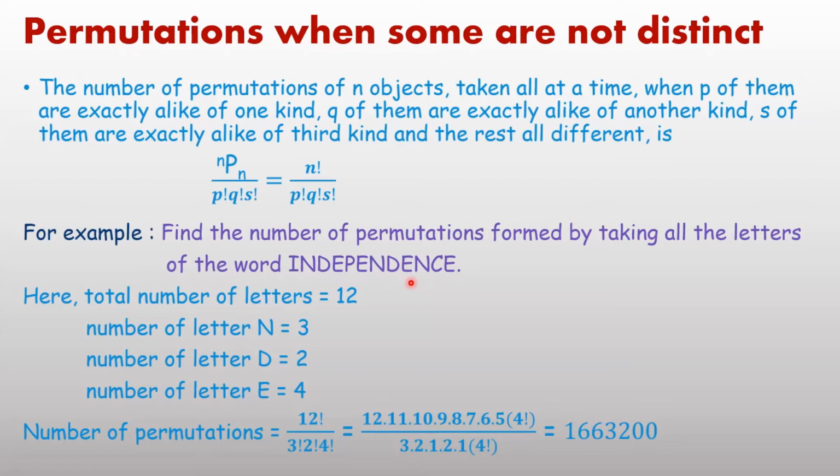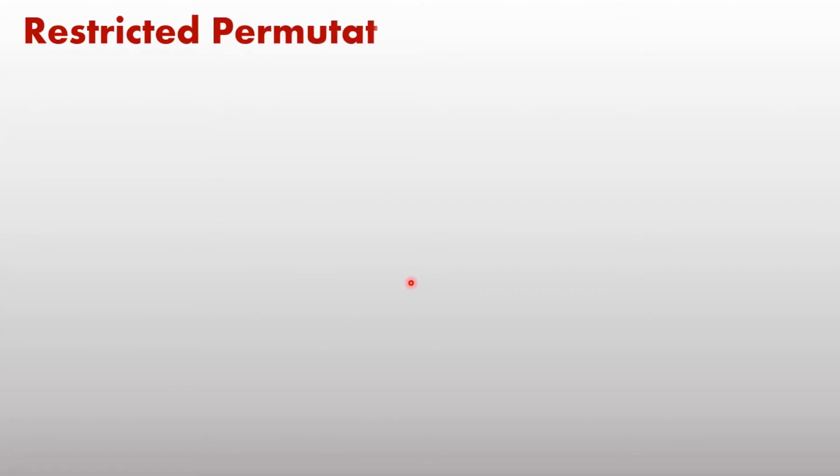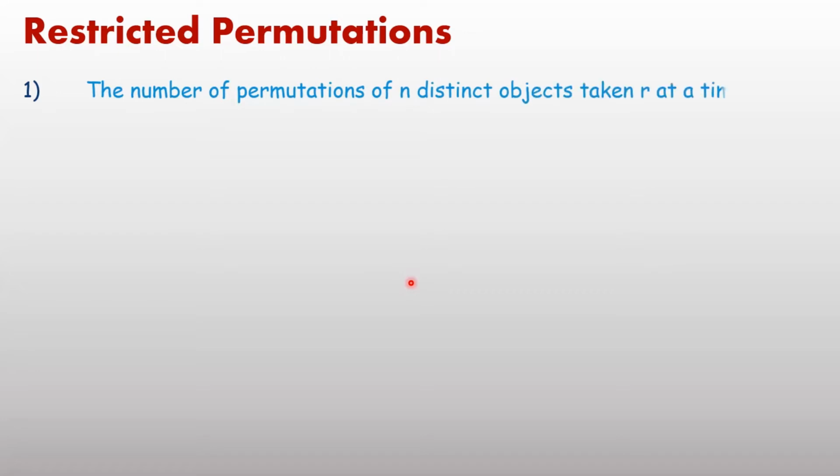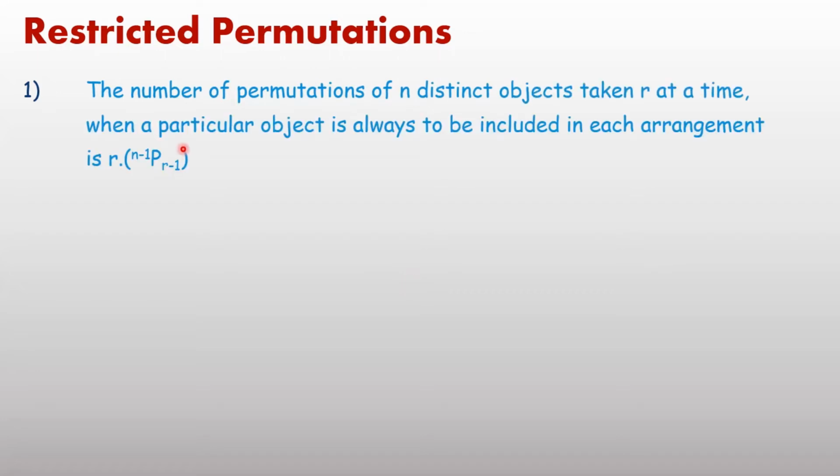Now next part, restricted permutations. Some conditions are applied here, some restrictions are there. Here, the number of permutations of n distinct objects taken r at a time, when a particular object is always to be included in each arrangement, is r into (n minus 1)P(r minus 1).